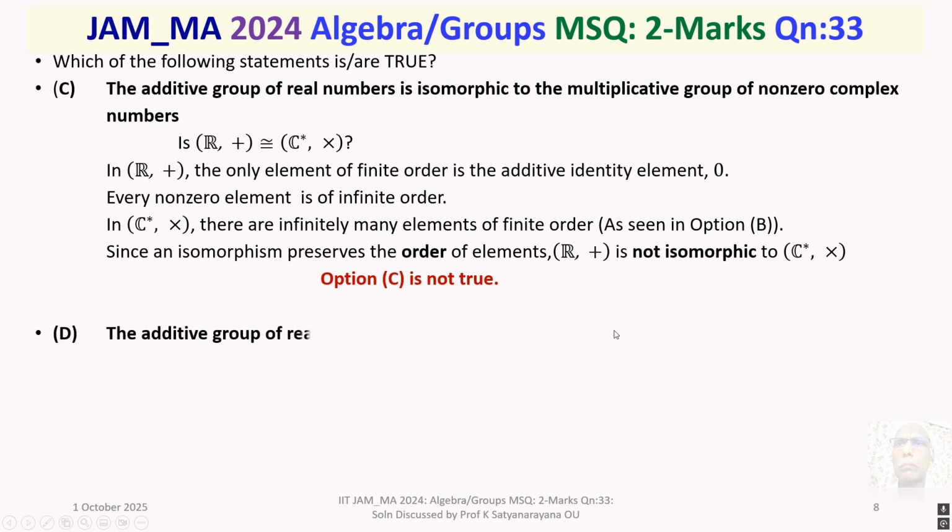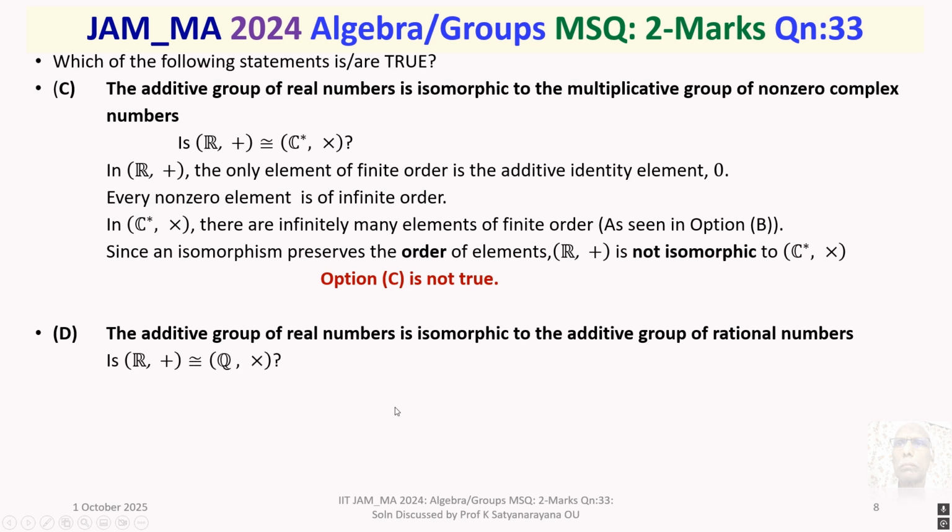We move on to option D. The additive group of real numbers, that is R under addition, is it isomorphic to the additive group of rational numbers, that is Q under addition? Are they isomorphic? That is the question. If there is an isomorphism, it is a homomorphism and it should be bijective.